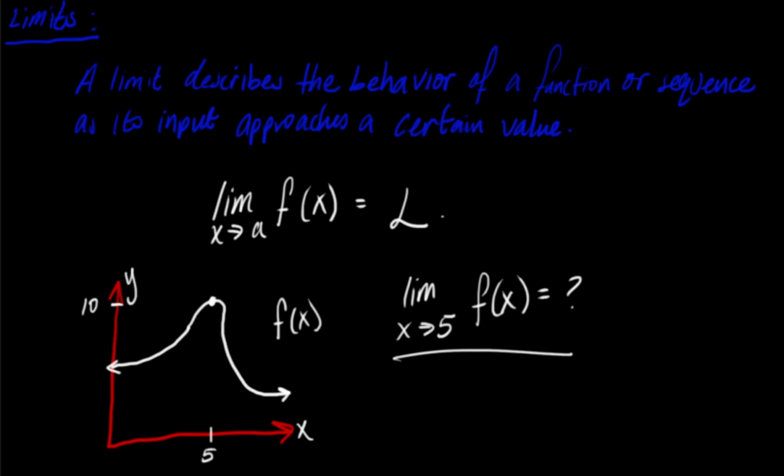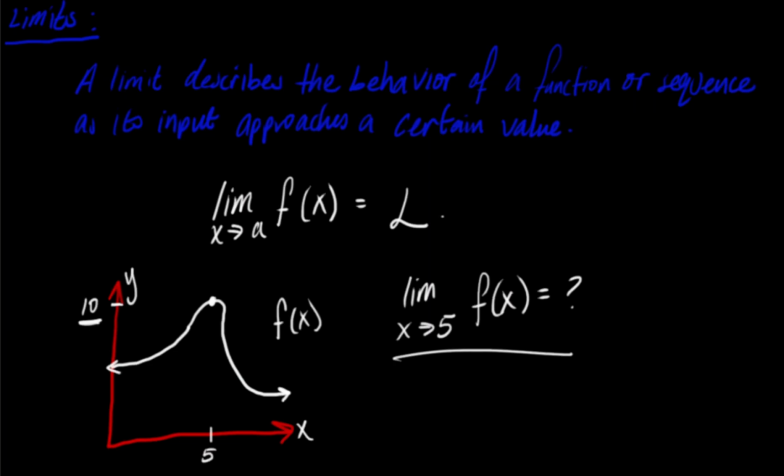You can pause the video here. Okay, so assuming that you just paused the video and did all the work, it's very easy to see that the value is 10, right? That's the reason we're going to be doing limits.